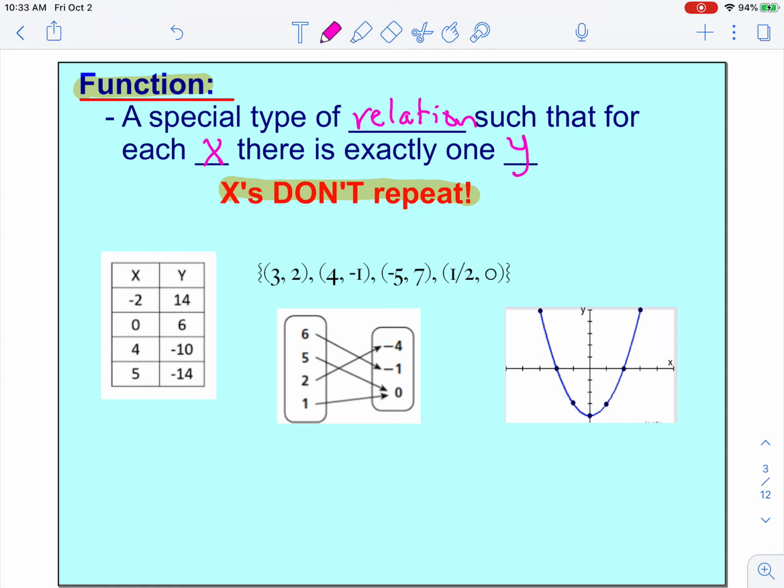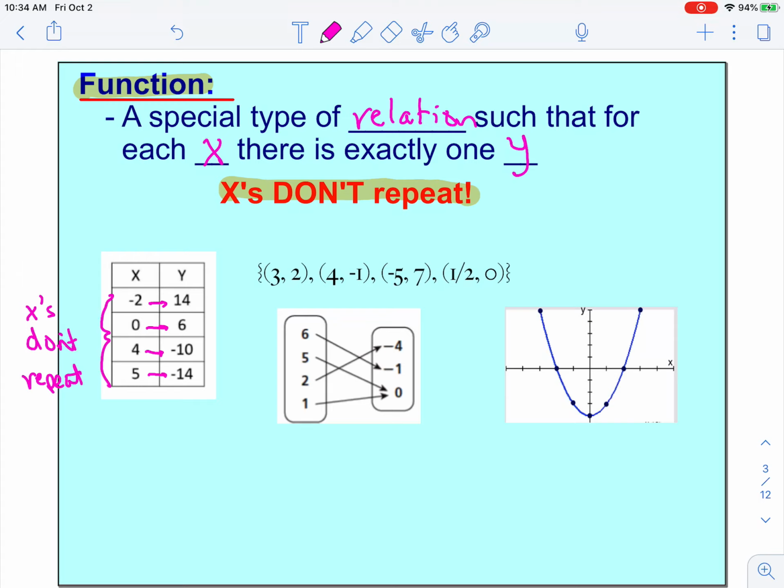So if you look at this first example, your X value of -2 has one value, 14. X goes with 0, 4, and 5. So if you look at this, the X's don't repeat. That's what we're talking about.